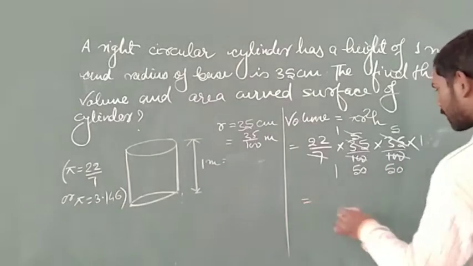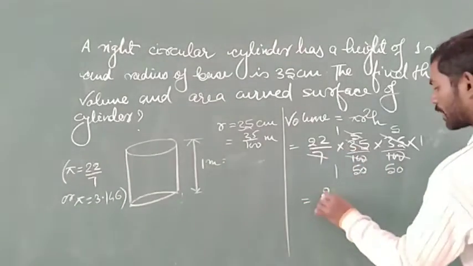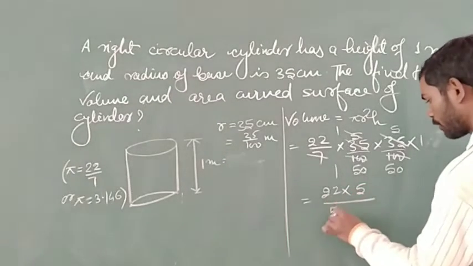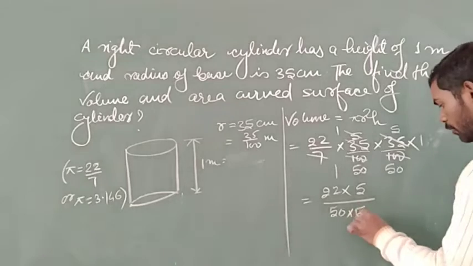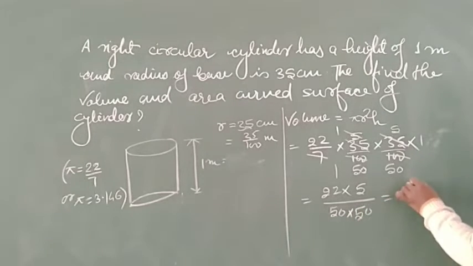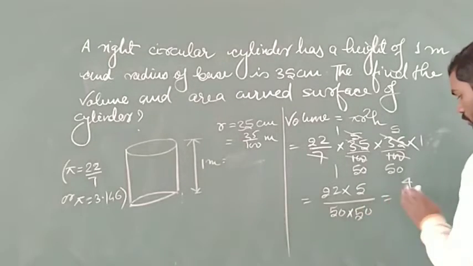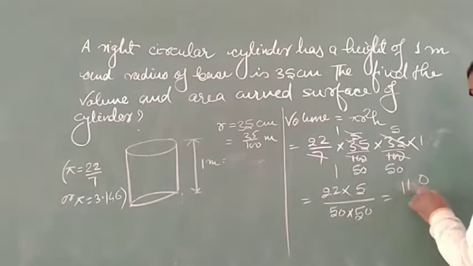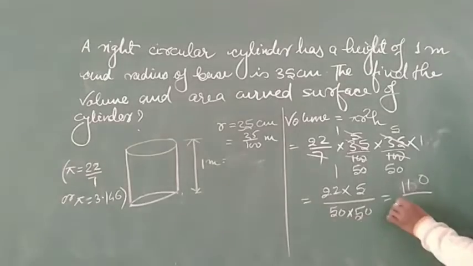Now multiply the remaining. We get 22 multiplied by 5 upon 50 multiplied by 50. So we get 2 5s are 10, and 2 5s are 10, 110 upon 2500.